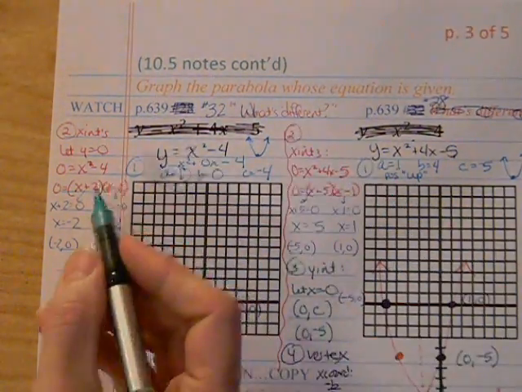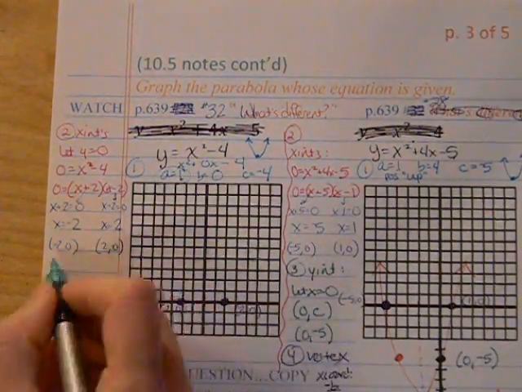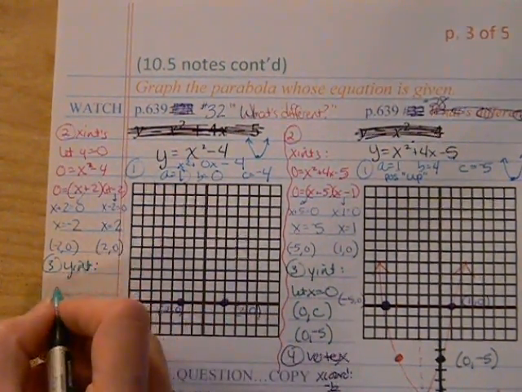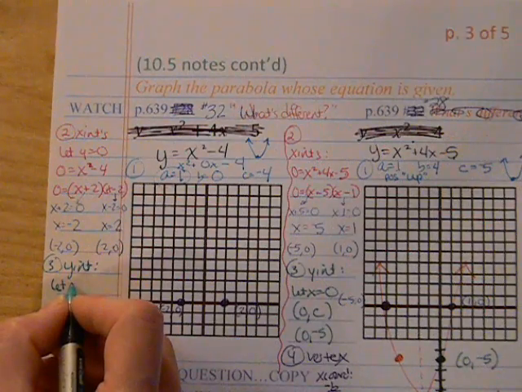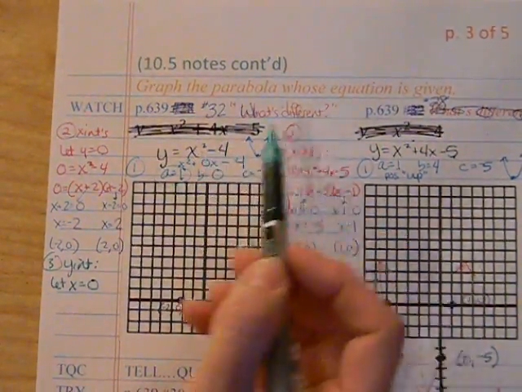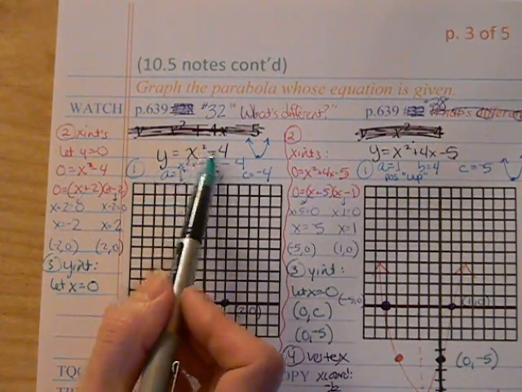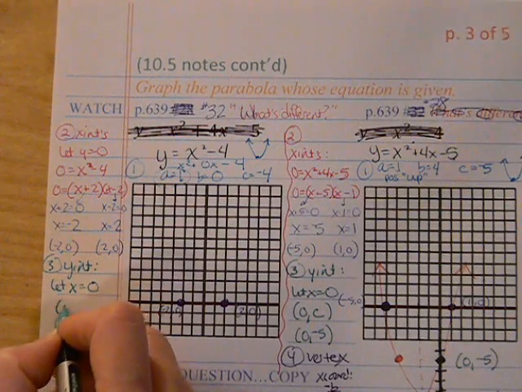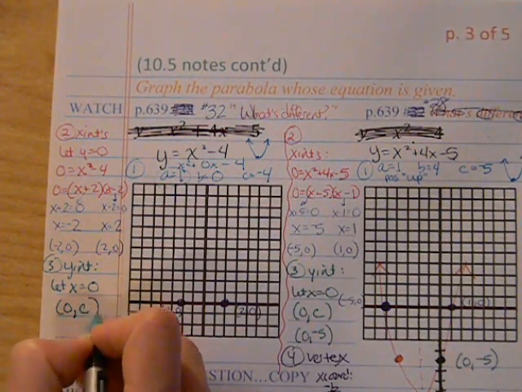Then my third step is to find the y-intercept. And so exactly the opposite of what we just did. Now we let x equal 0. And as soon as you put x in, everything's going to fall out here except for that c value, that minus 4. So really your y-intercept is 0, c.